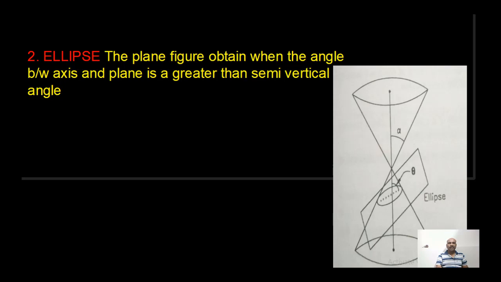Ellipse is the plane figure obtained when the angle between axis and plane is greater than the semi-vertical angle. What is the meaning of this here? Beta is greater than alpha. Beta should be less than 90 degree. So 90 degree is greater than beta, which is greater than alpha. In this case, the cross section obtained is called an ellipse.